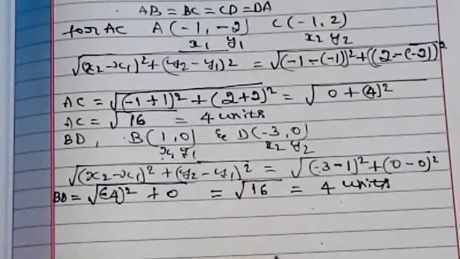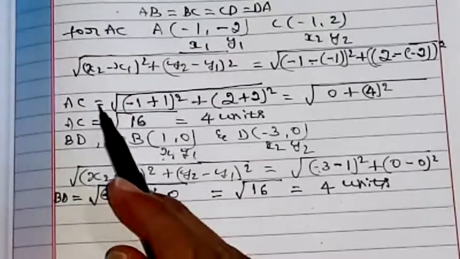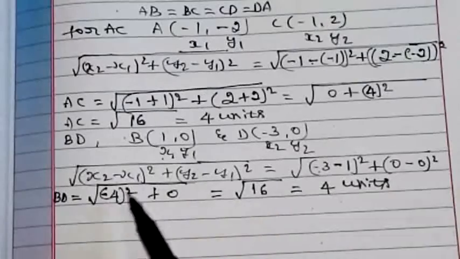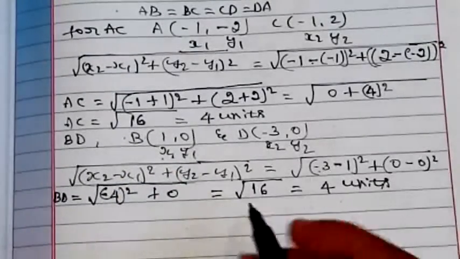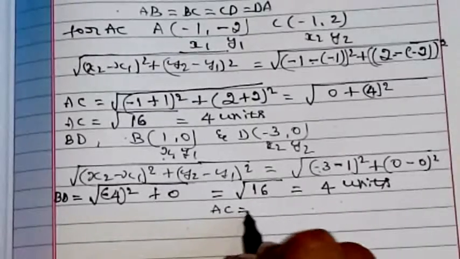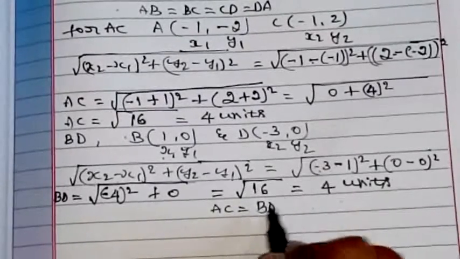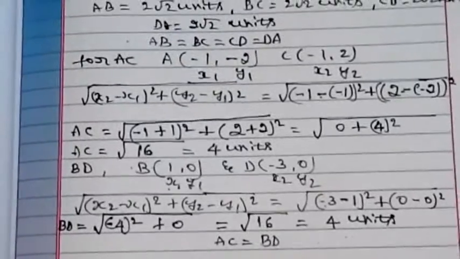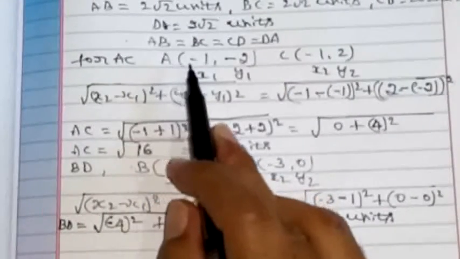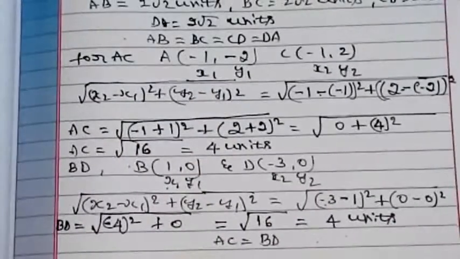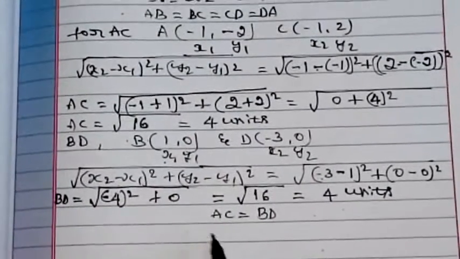So what is the meaning of this? AC is equal to BD, because AC is 4 units and BD is also 4 units. So I can write AC is equal to BD. First we found that all the sides of the quadrilateral are equal. Now we have found that the diagonals are also equal.